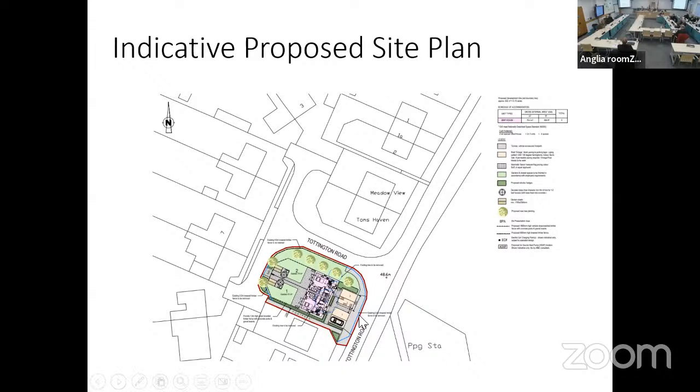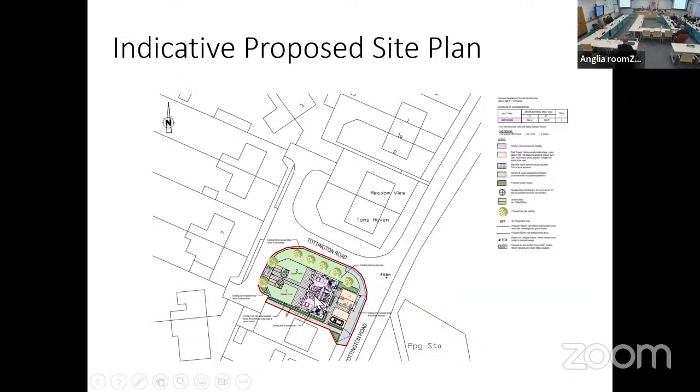So the application is seeking for the erection of 2 dwellings on the indicative site plan, and as you'll see on the next slide with the floor plans, it is proposed for it to be 2-storey in terms of scale. However, please note that that is reserved, that is not under consideration for this application, and we are just establishing the principle of development. So the site itself, there will be the removal of 2 trees.